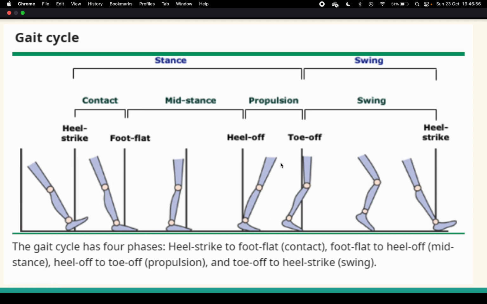This is the stance phase, and now the foot is in the air, and we'll move our foot forward in the air. That is the swing phase. And then the next stance phase starts with the heel strike.